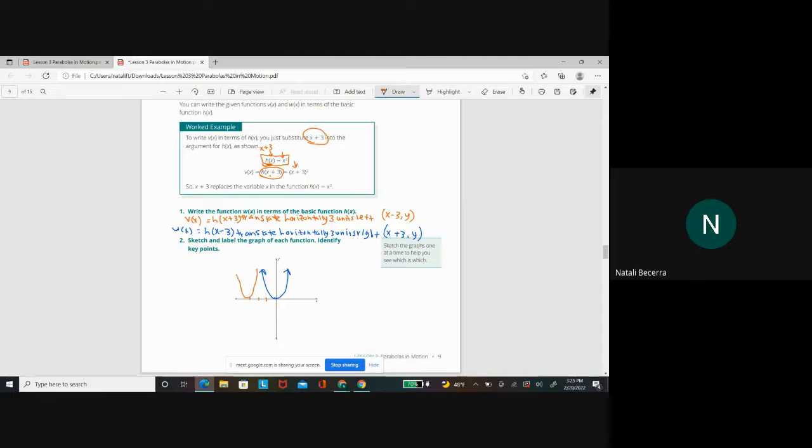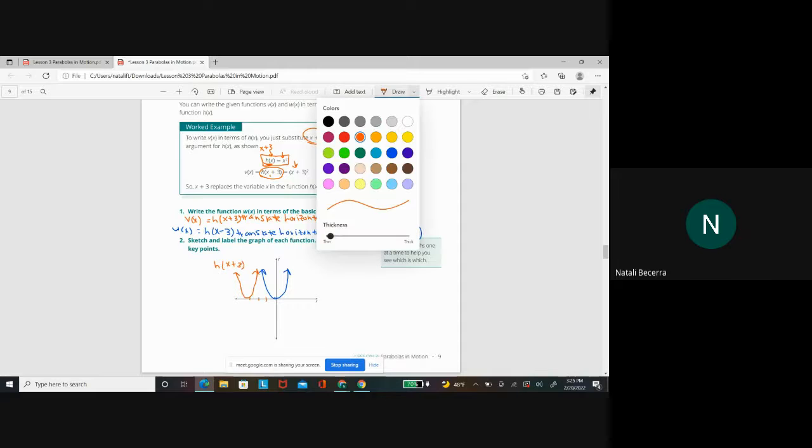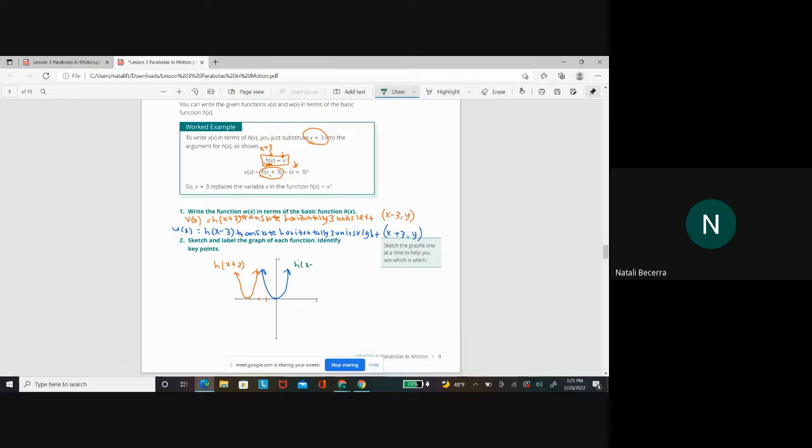So right here, this was whenever h of x plus 3, right? And then h of x minus 3 is going to go 3 units to the right. 1, 2, 3. 1, 2, 3. So it's going to be something like this. Okay. All right.